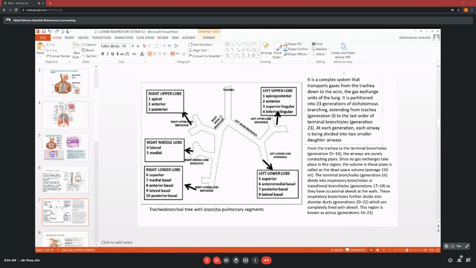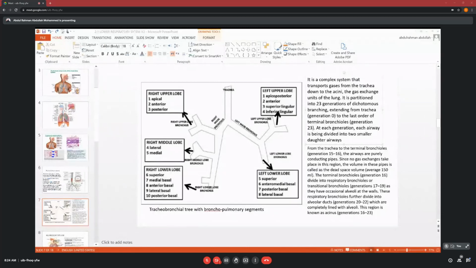Here they are saying the bronchial system is formed in generations of dichotomous branching. What do I mean by dichotomous branching? Each branch will branch into two bronchioles.